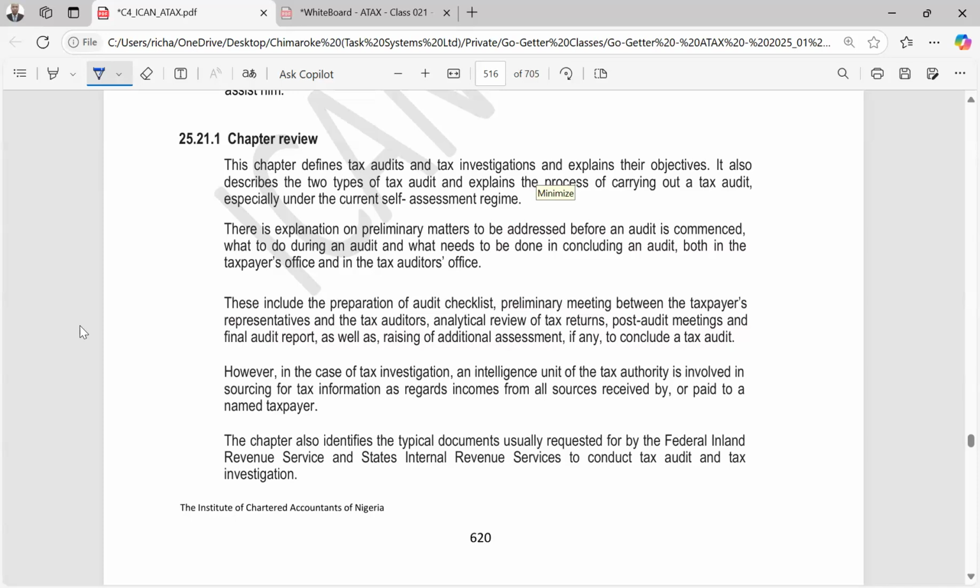Then we also saw the breaking in and seizure that the law permits the tax inspectors or investigators to do. So far, so good.